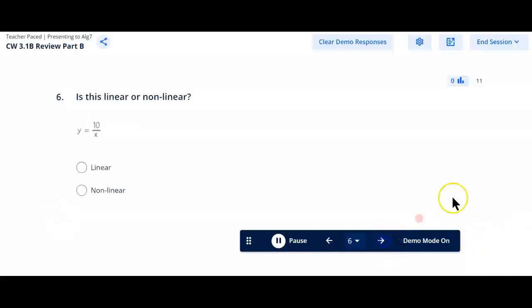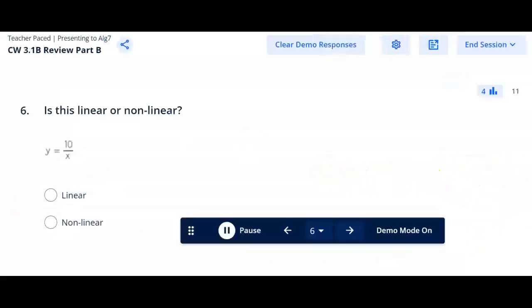Number 6. So we're refining our thinking. Number 6, linear or non-linear. It's never on the two. You have your notes, your 3.1 notes.